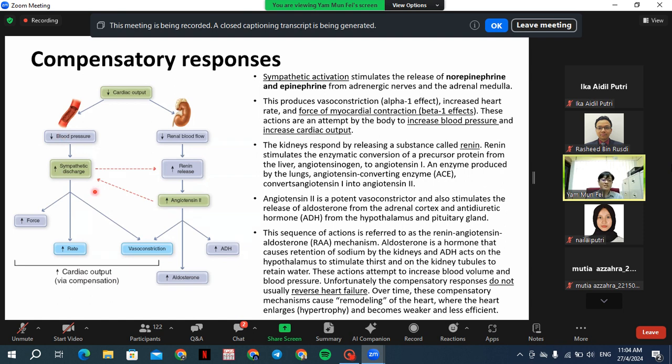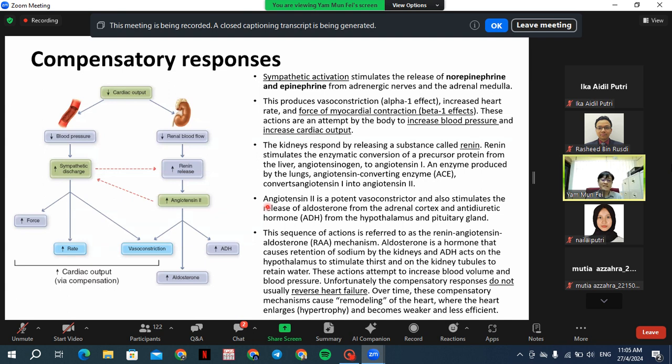So at the end, what the body is trying to do is increase your cardiac output, because during heart failure your cardiac output is decreased, isn't it? With the compensatory response, your cardiac output will increase. This condition we call remodeling or compensatory response.